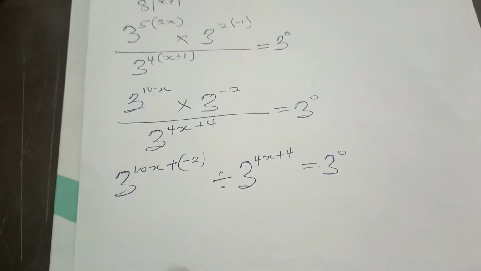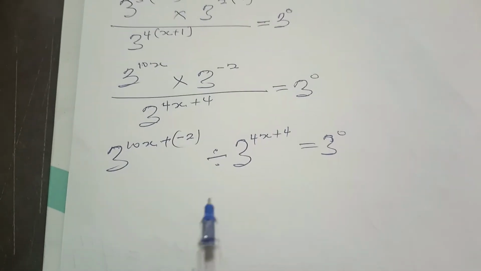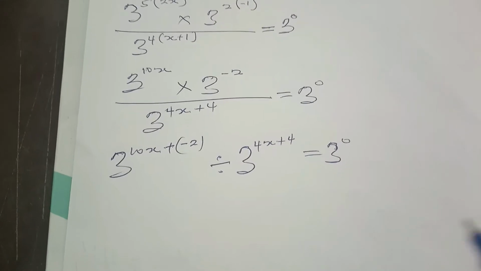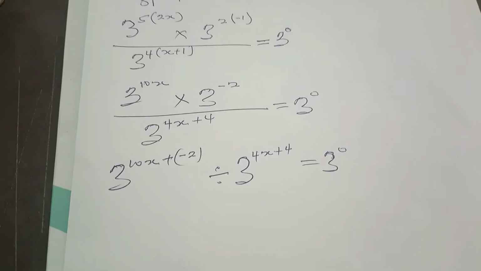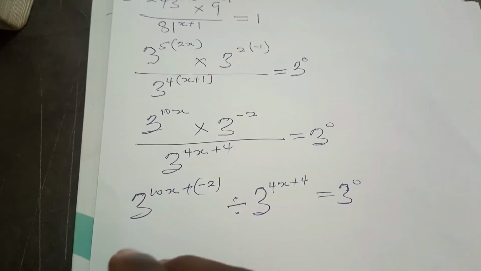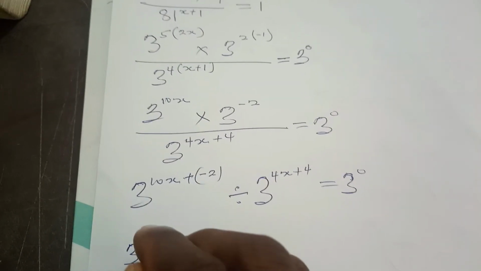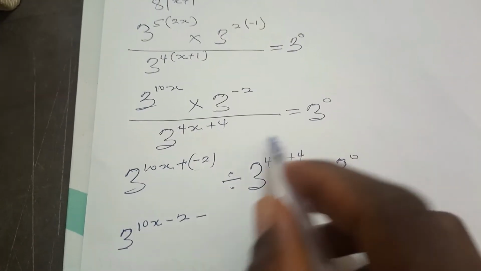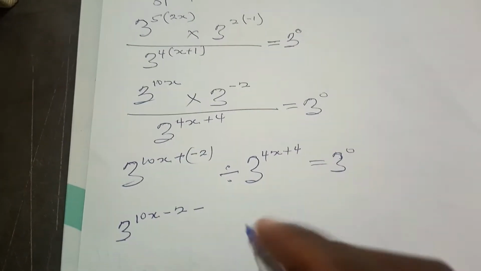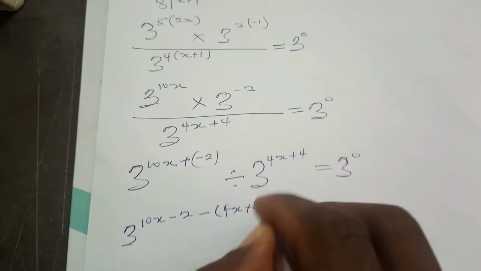Good. So division, the second law says that when two numbers with the same base are dividing, we subtract the exponent. For those who have forgotten, you can go back and check my video on the laws of indices. So this will give us 3 exponent 10x minus 2, then minus, remember this again that this is a binomial, so you don't just bring the minus, you have to put this in parentheses: 4x plus 4.